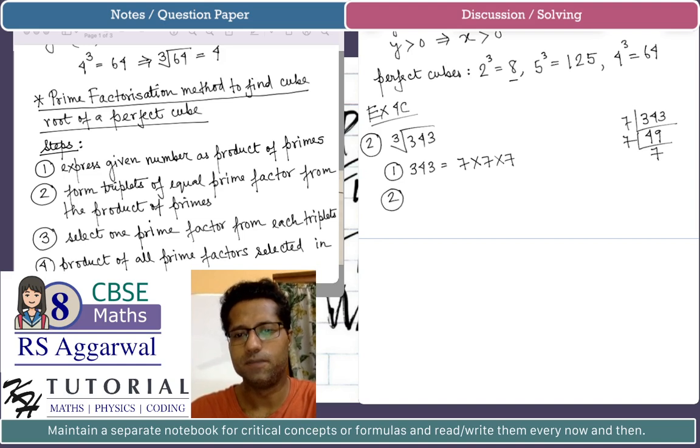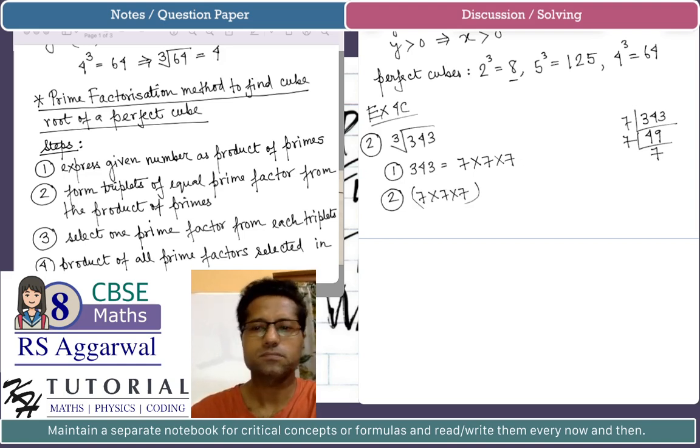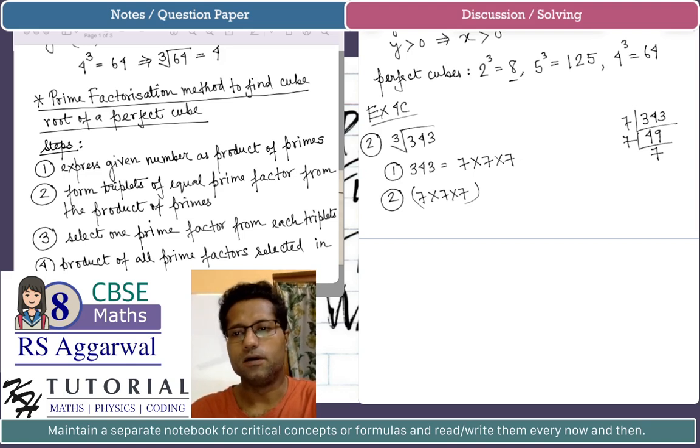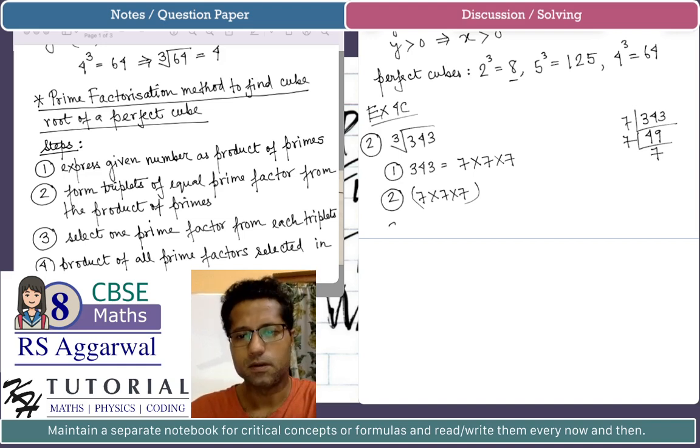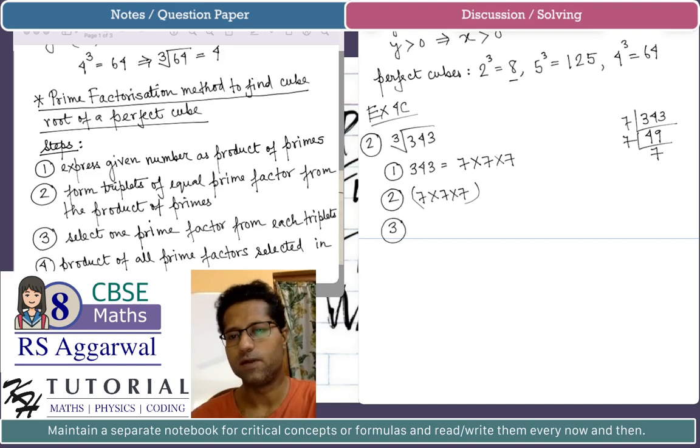In step 2 we form triplets from the prime factors of 343. There will be only one triplet, this one, and we usually group the triplets with parentheses or brackets. Now in step 3, we select one factor from each triplet.